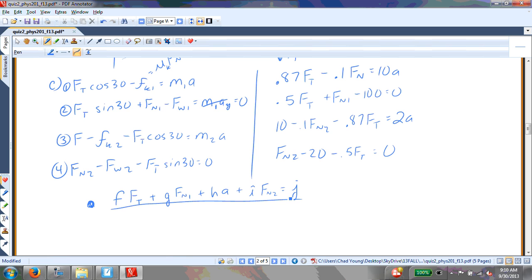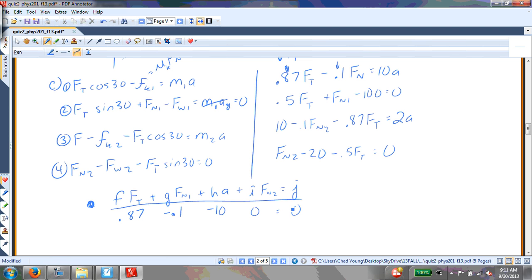All right, so my value F here is 0.87. I'm doing equation 1 right now. Negative 0.1. Notice I'm getting these here and here. A should be negative 10. I is 0, and that 0 is J. All right.